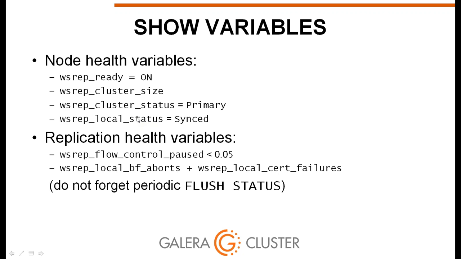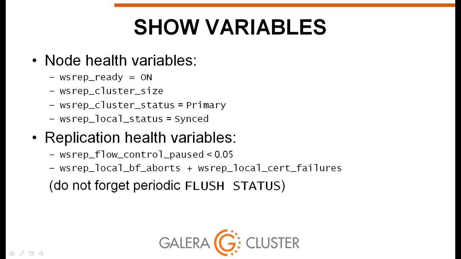Then we have the group of status variables that denote the health of the replication itself and whether there are any bottlenecks in it. And here there are two concepts that are important. First is the so-called flow control, meaning that in order for the cluster to move forward as a whole, no node should be falling too much behind the rest of the nodes.